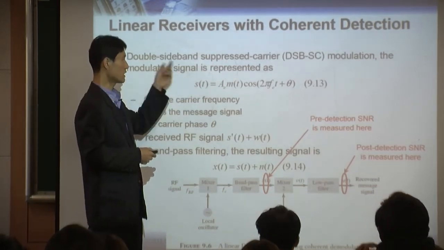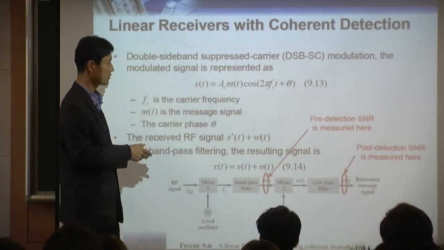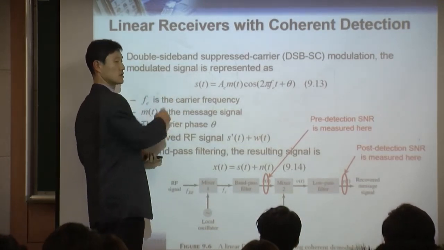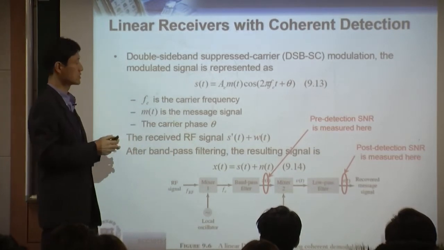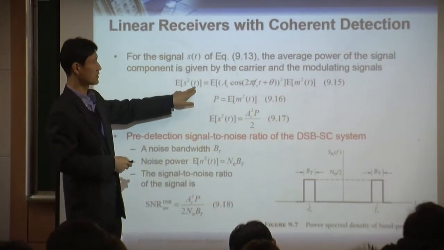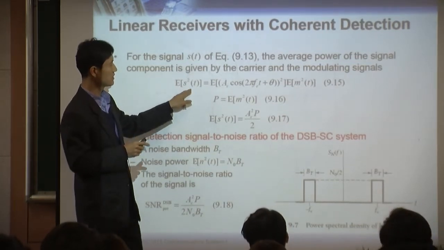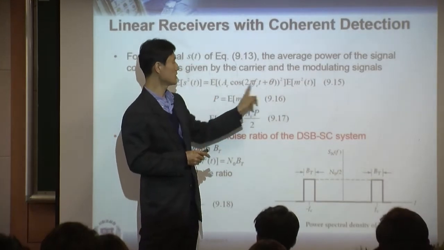To calculate the pre-detection signal power, you square because we need to calculate the power, and then take an expectation because we want to calculate average power, right? So this is the expectation of s squared, and that's always the case.